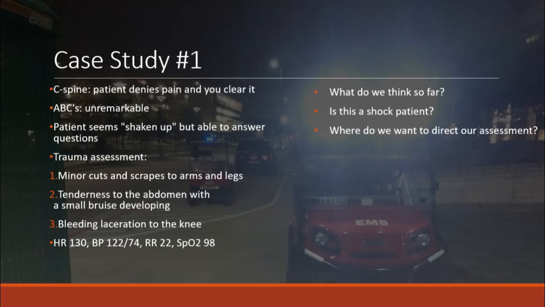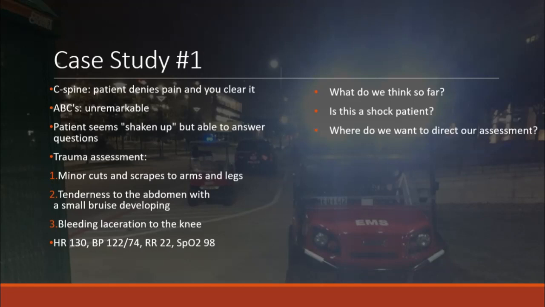So what do we think so far? There doesn't appear to be any immediate direct threats to life. Do we think this is a shock patient? Well, a couple of things are standing out here. The heart rate's high, respiratory rate is high.